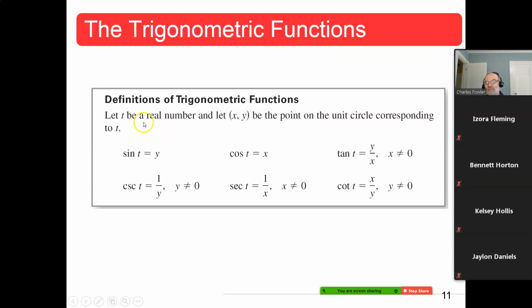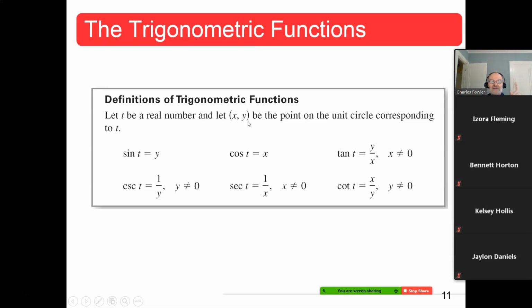So let t be the real number, x and y be the coordinates of a point on the unit circle. Remember, they're always points on the unit circle corresponding to that t. Okay? The sine of this real number t, which remember is also your angle theta in radians, but they're calling it t now, the sine of t is the y value, period.